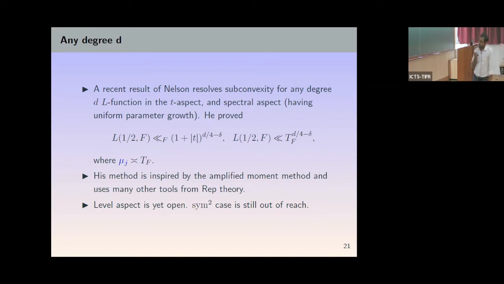In particular, one interesting case is the symmetric square L-function, which is a self-dual degree 3 L-function. In the level aspect and in the spectral aspect, subconvexity is still open, and it is indeed a difficult problem. It is related to the quantum unique ergodicity conjecture, in fact.